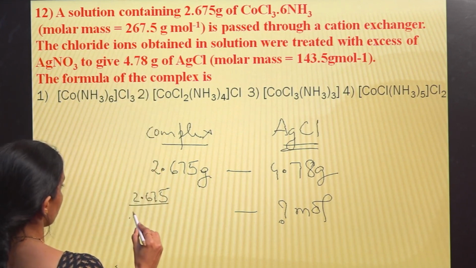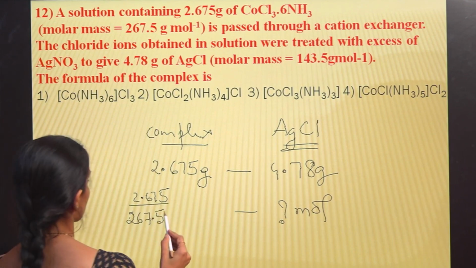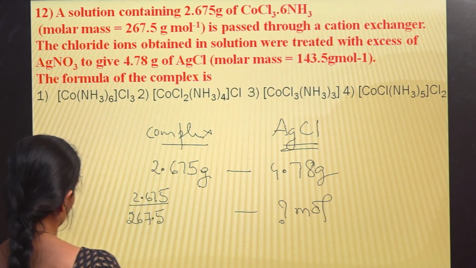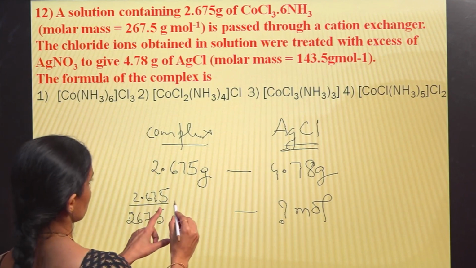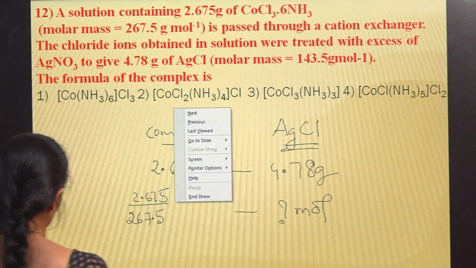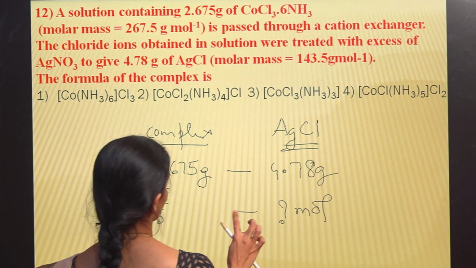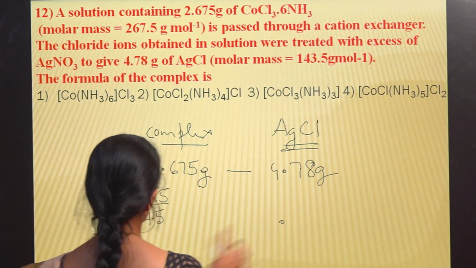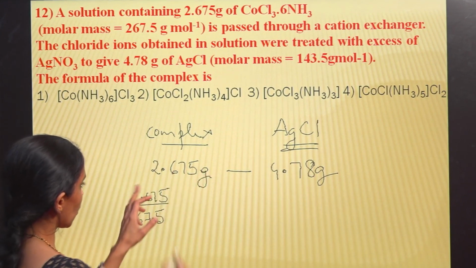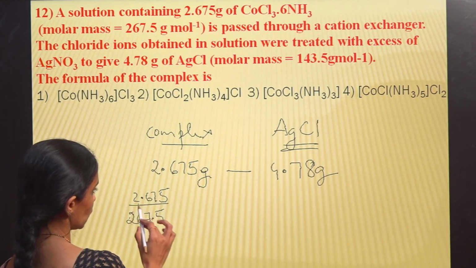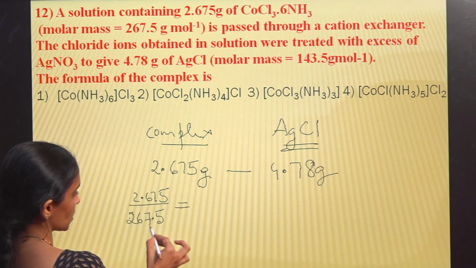This is in grams now. I want to convert it into moles. 2.675 divided by 267.5, because it is the molar mass of the complex.